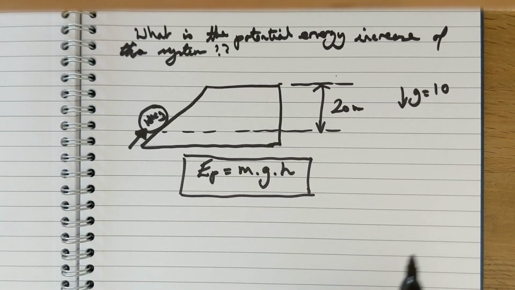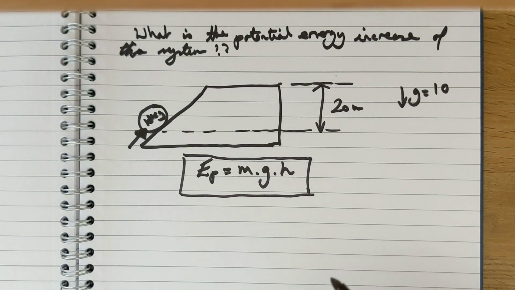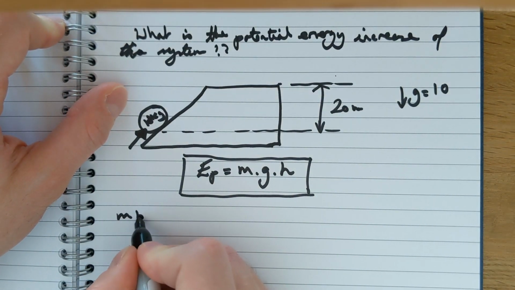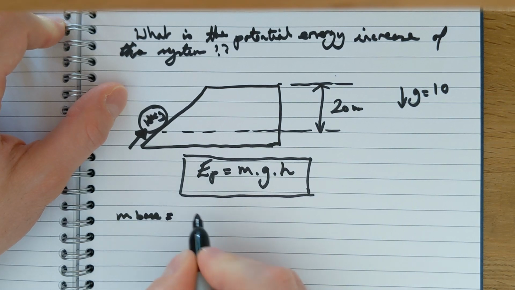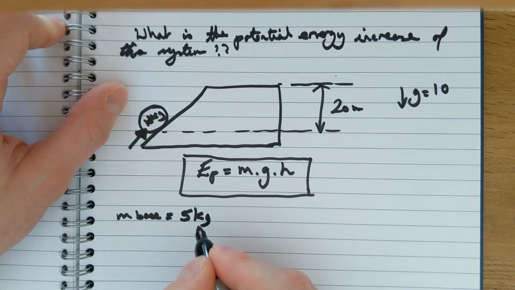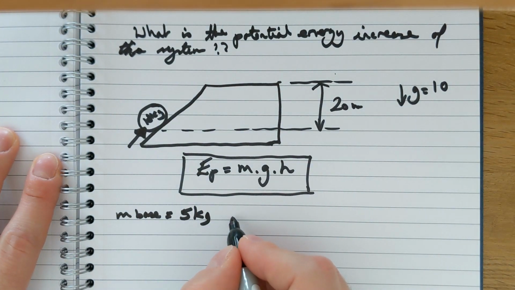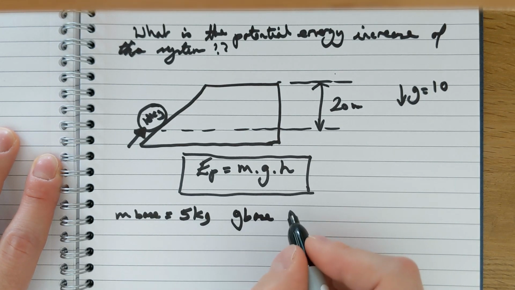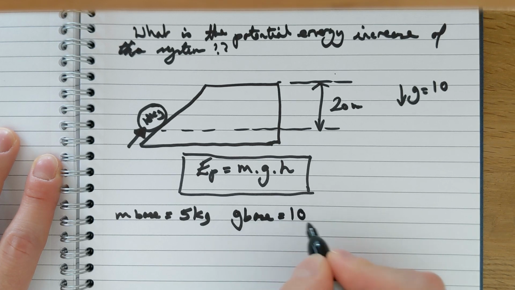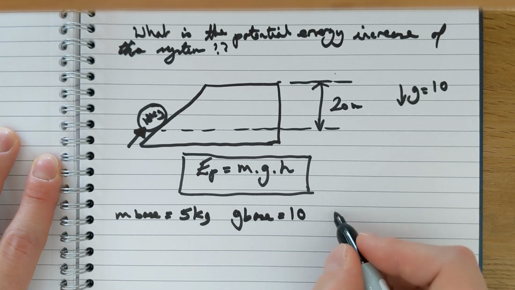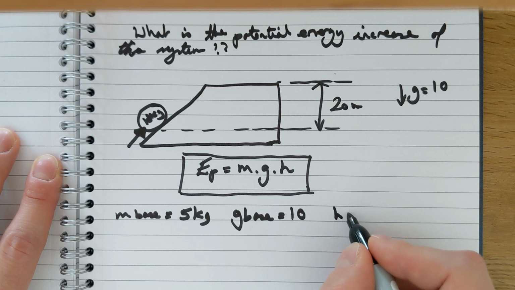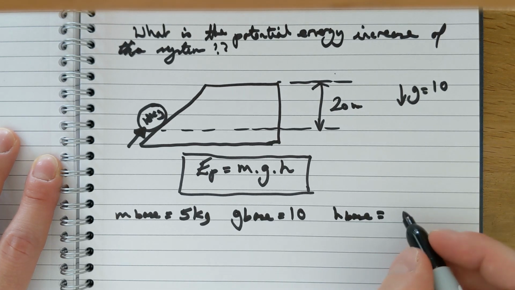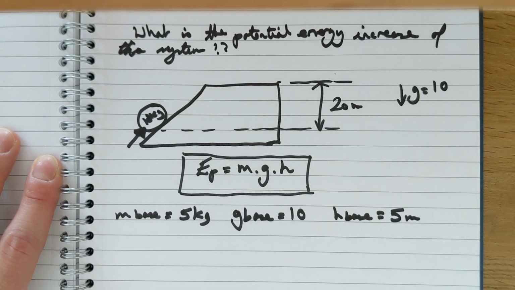So for this example, we will randomly pick a mass base, and we'll make that 5 kilograms. Then a gravity base of, let's say, 10, and a height base of, let's say, 5 meters.